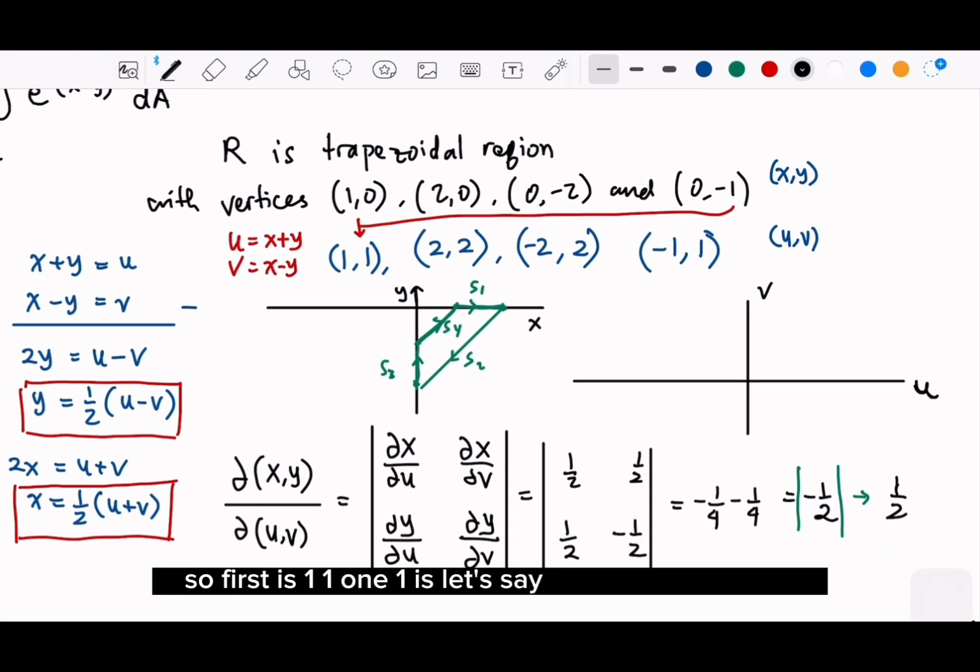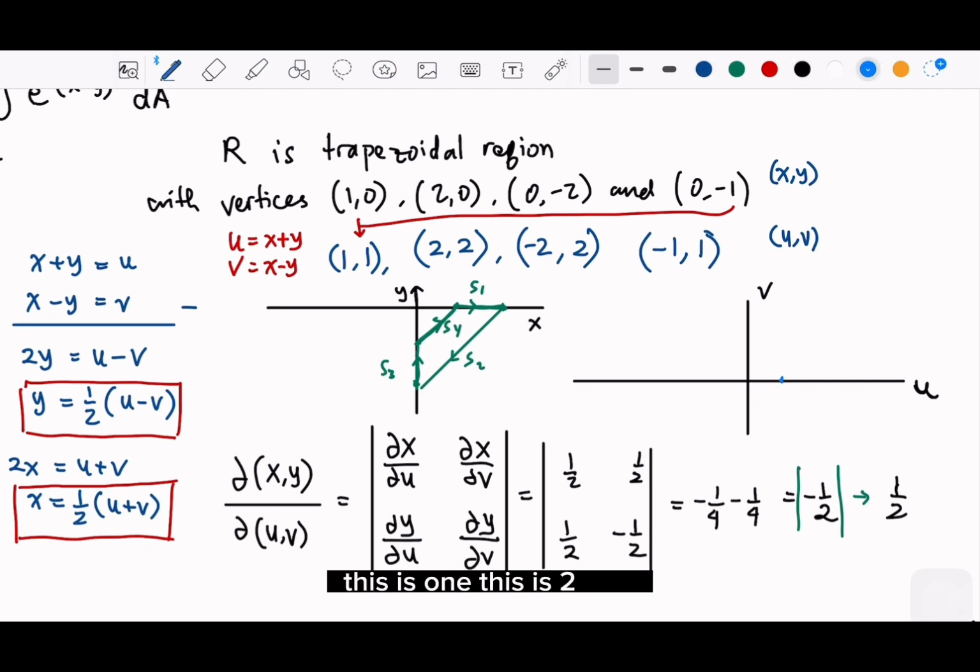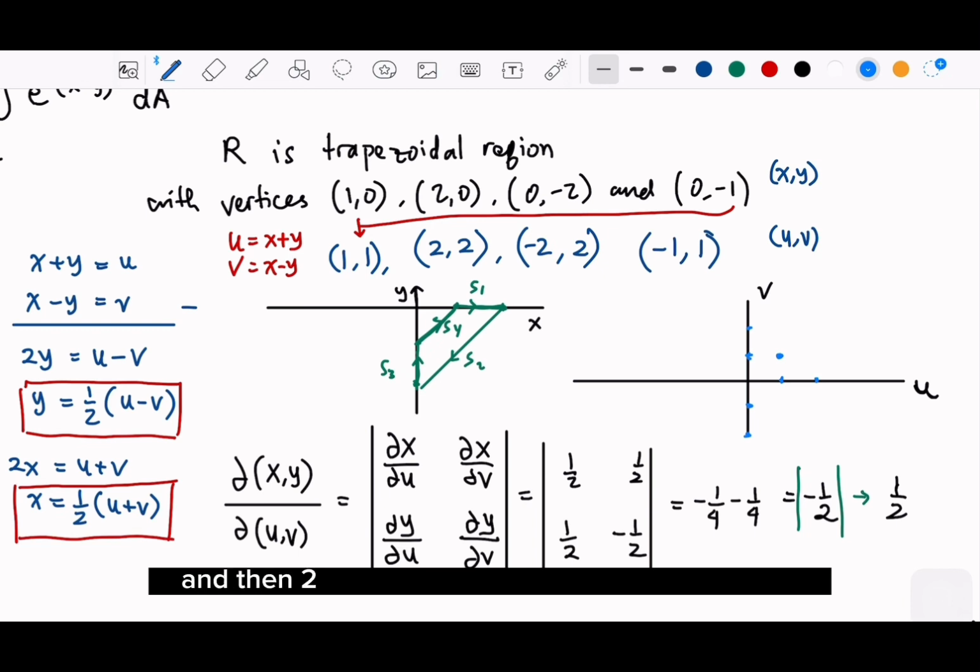Let's say this is 1, this is 2. So 1, 1 is here, and then 2, 2 is maybe here. So that's the first one.